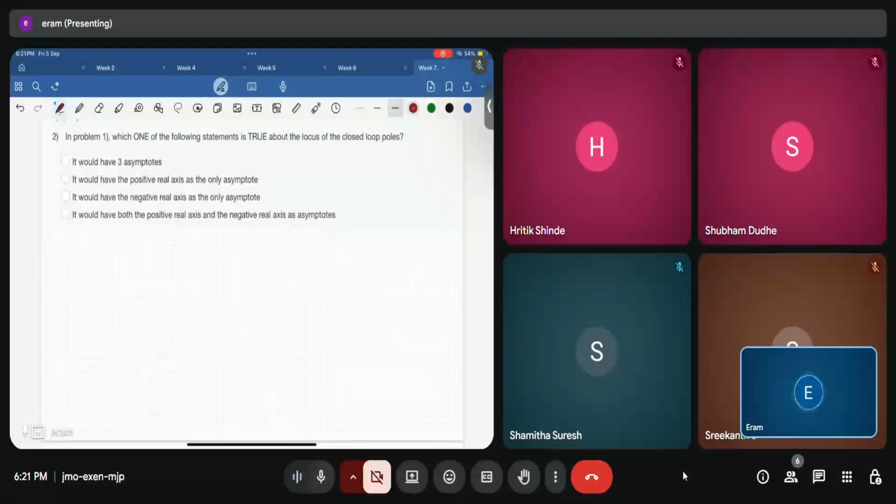Okay, so for the previous problem, which of the following statements is true? Let me write the open loop transfer function, which was K divided by s squared plus 2s plus 5, where K is less than or equal to 0.